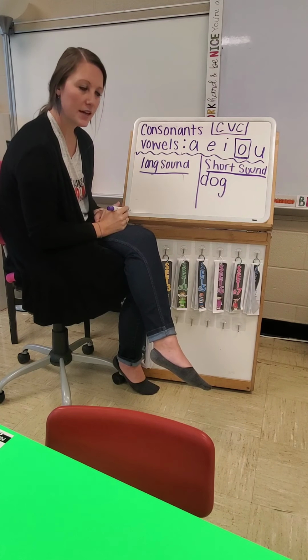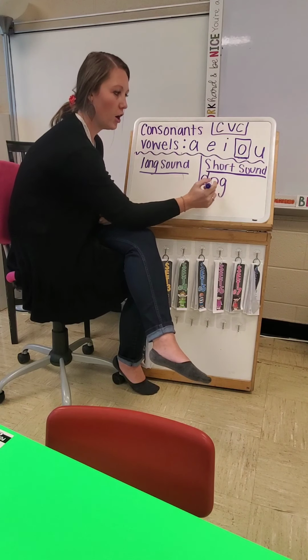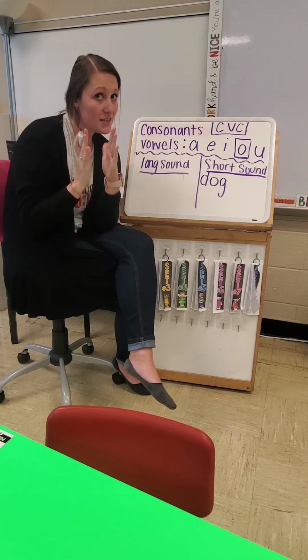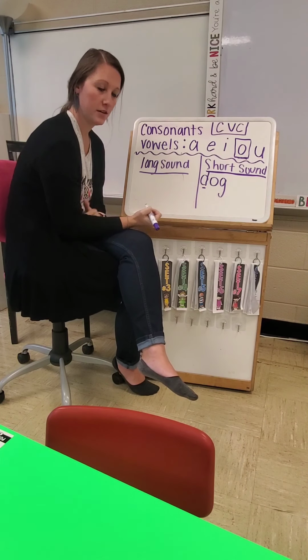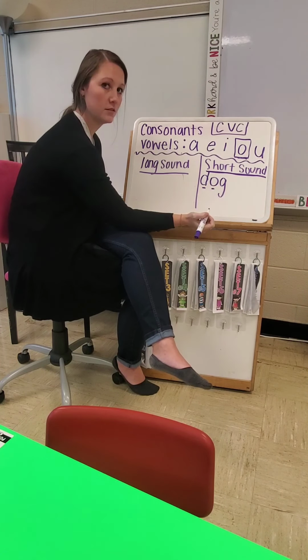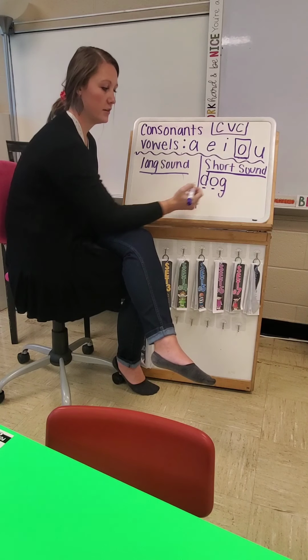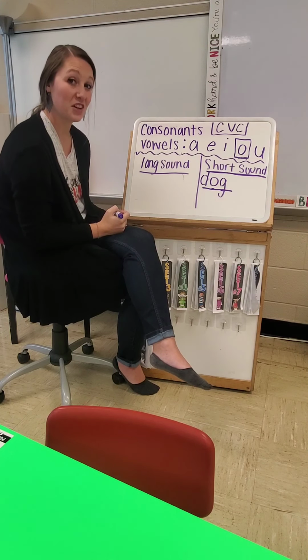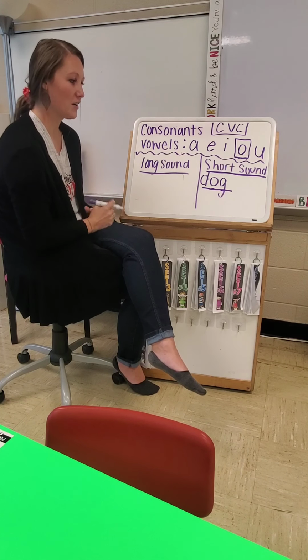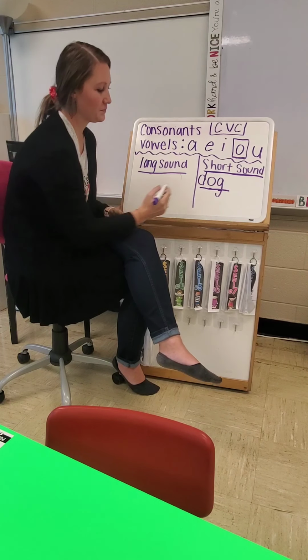Now let's see if we can sound this out. Now remember, our O makes its short sound. Are you ready? D, A, G. You know what that says? Very good. Dog.